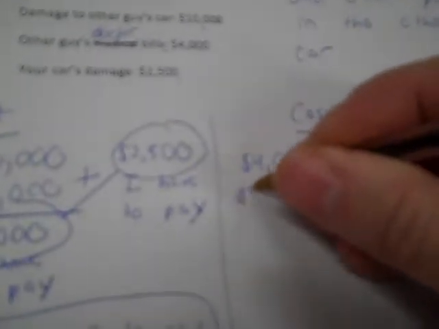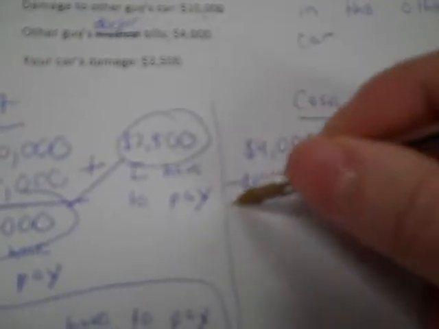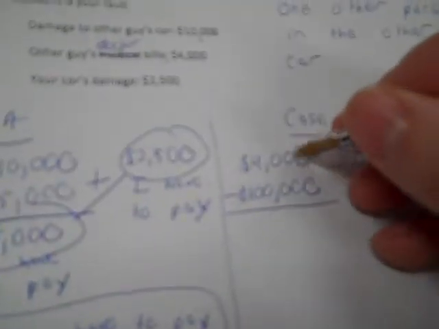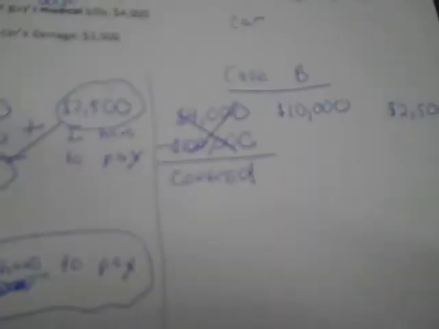So since there's only one other person, we use the 100, not the 300, okay? So they'll pay a coverage limit of $100,000. But they don't need to pay that because 4,000 minus 100,000 is a negative number. So if it's negative, that means it's covered, okay? That's good for me. That means the insurance company is going to pay all of that.